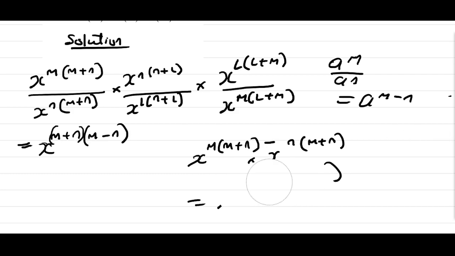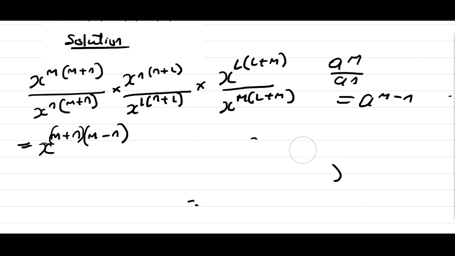So it is always useful to simplify things in your head, so that you don't waste time with too many steps, but always be sure that you are not making a mistake. So here we have verified that we are not making a mistake. The next step is to do the same thing. n plus l will come out, but then we will now have n minus l.